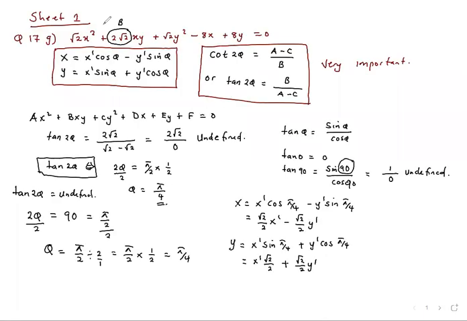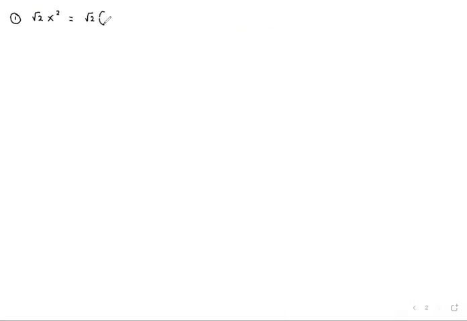So the first one is root 2 x squared. This is root 2. What is x? x is root 2 over 2 x prime minus root 2 over 2 y prime. So expand this, it will give us, oh, it must be squared, remember? So we have root 2 and then root 2.